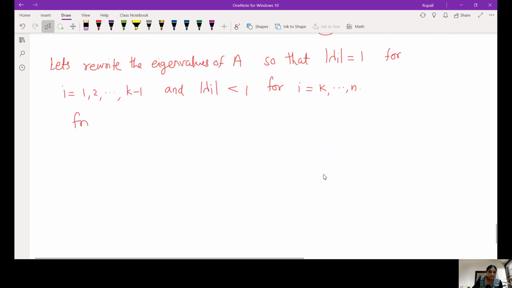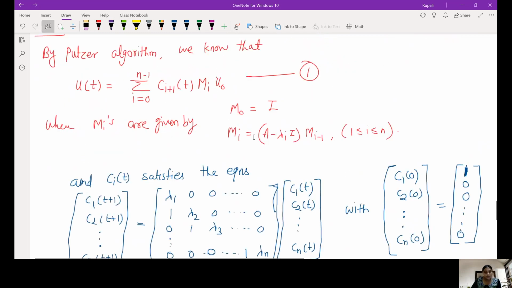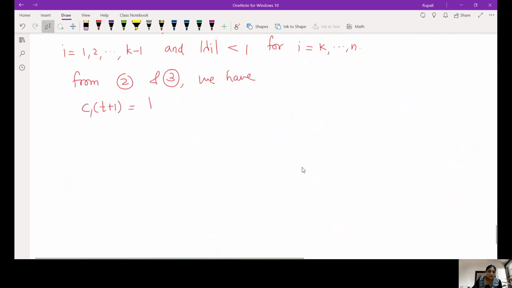From 2 and 3 we have c_1 at t plus 1 is lambda_1 times c_1(t), with c_1 at 0 equal to 1. So this implies c_1(t) is lambda_1 raised to t.